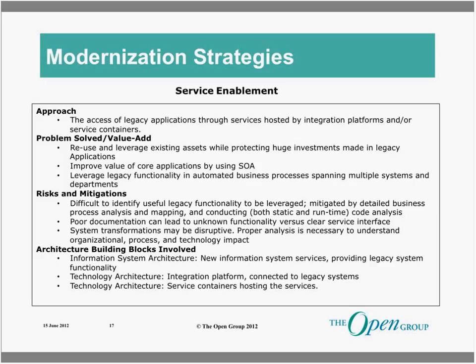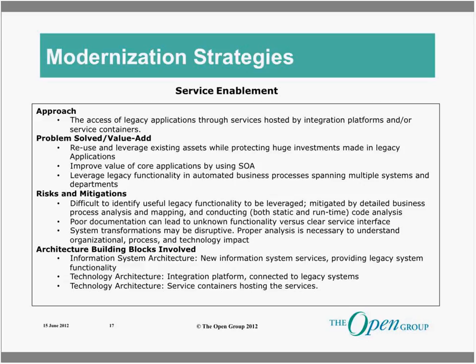Here is a brief synopsis of one of those strategies, and how they are laid out in the guide. Service enablement is an approach to access the legacy applications through services hosted by integration platforms and or service containers.